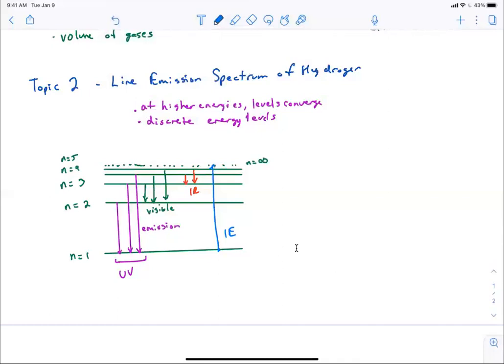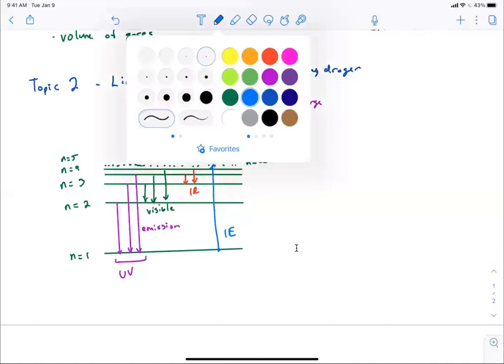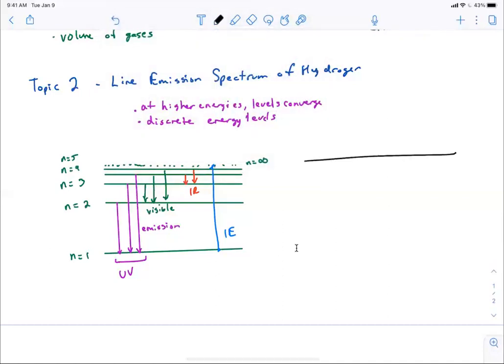Now, another way the IB likes to represent this is in a spectrum where they show high energy and low energy, and they show the lines that are being emitted by the emission spectrum.